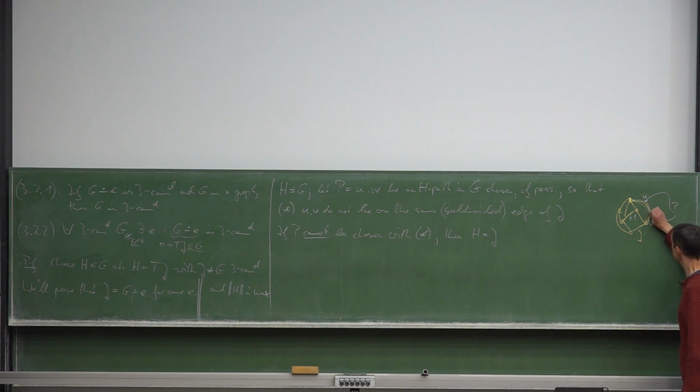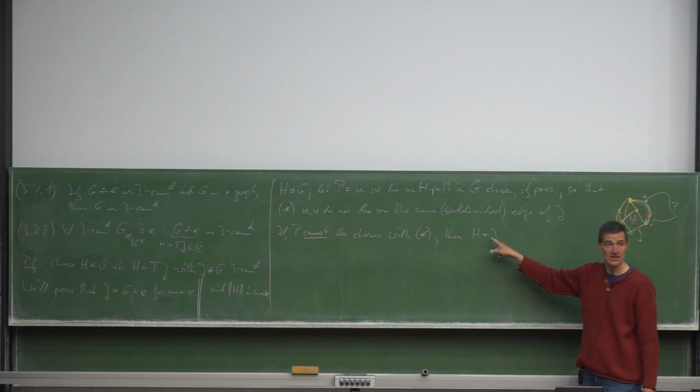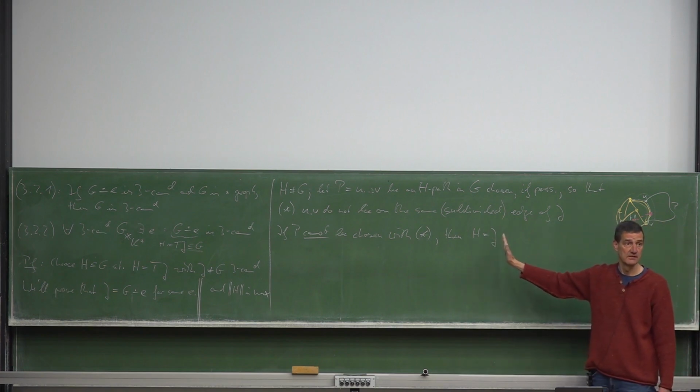We pick any subdividing vertex and find a path in G from that subdividing vertex to the rest of J, or to the rest of H, avoiding the two ends of this subdivided edge. So once more, I'm trying to show that H is not a proper subdivision of J, that H equals J.